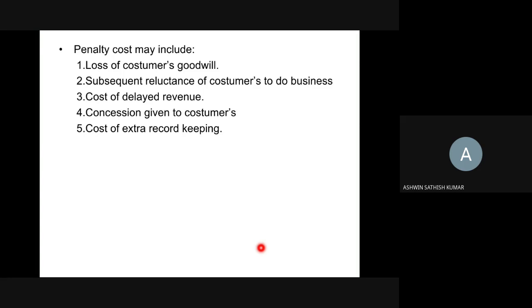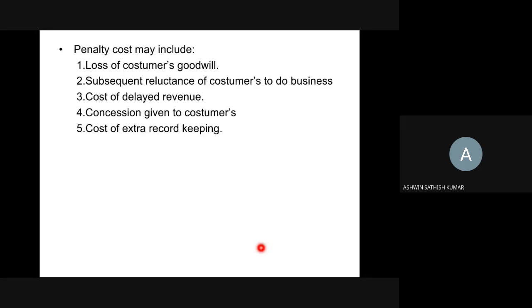If you are continuously denying, naturally there is a loss of goodwill, with subsequent reluctance of the customer to do business. So there is a loss of the customer.